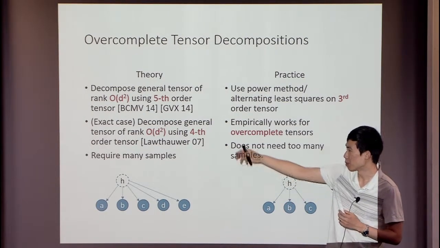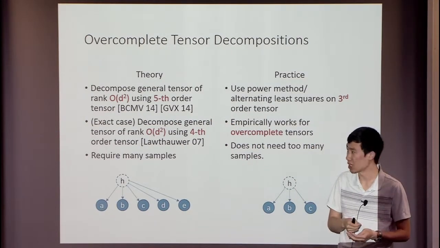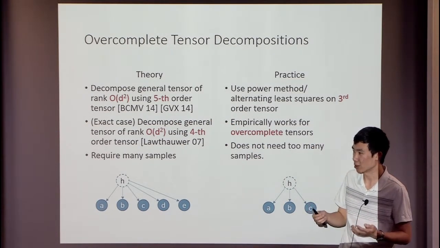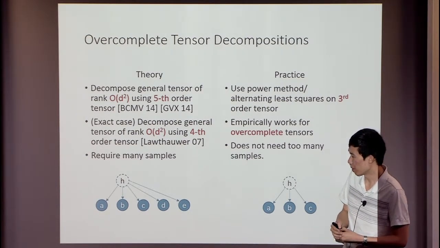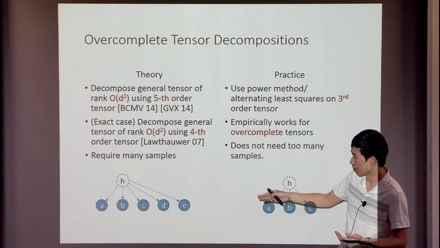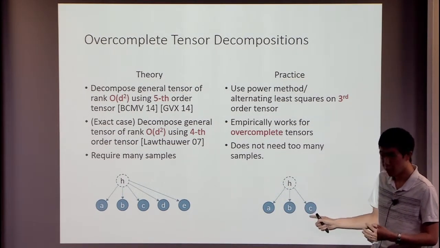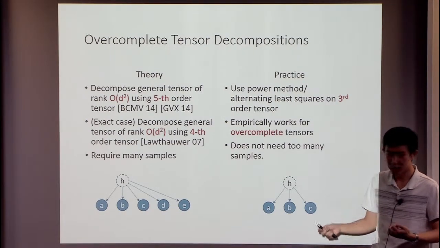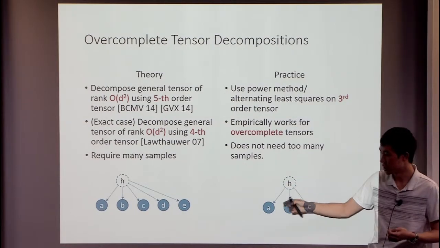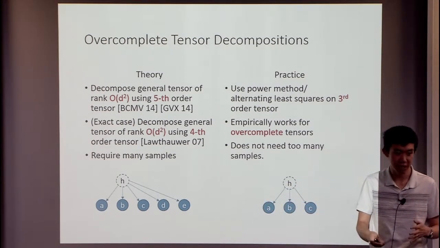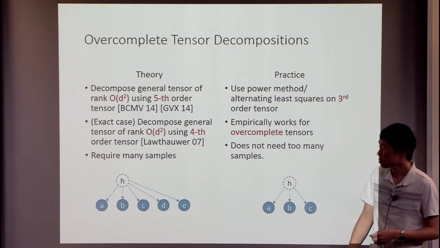And also sometimes we don't really want to use fourth and fifth order tensors, not just because using higher order tensors requires more computation, but naively, if you have the multi-view model and only have 3 views, then we can only construct a third order tensor. In order to get a fifth order tensor, we really need to have 5 independent views, and that is sometimes hard to get.